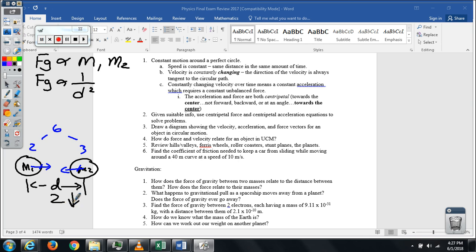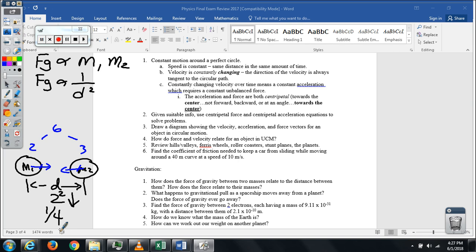So the further apart they go, the weaker the force gets. But you have to square the difference in the distance. So the fact that we double the distance, you do double squared. So that's 4. And it's been cut by 1/4 of what it was. So it's now 1/4 the force that it used to be.